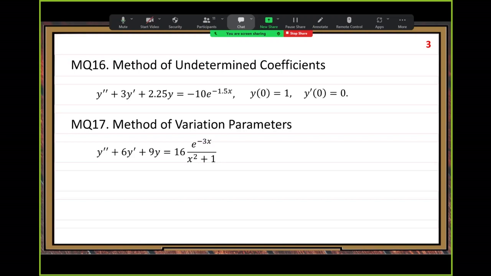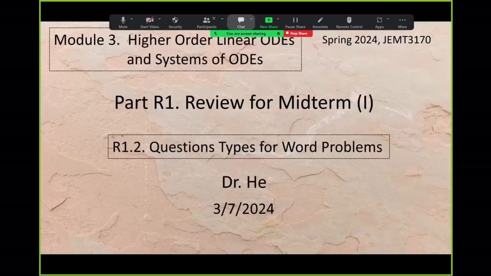Then the second type, word problems. 8 questions, word problems. 3 in class. 5, you have a few more days to complete the remaining 5 questions. So you won't get too much pressure. All right. So let's look at those 8 questions. Word problems.